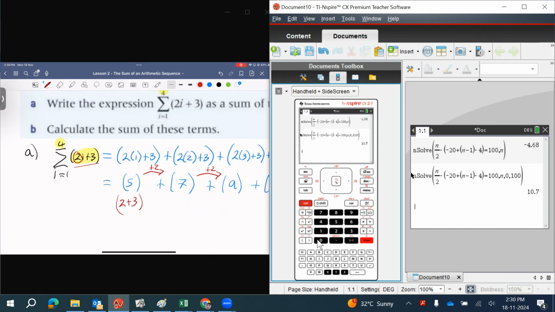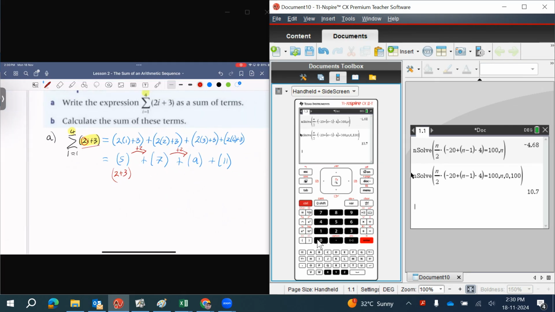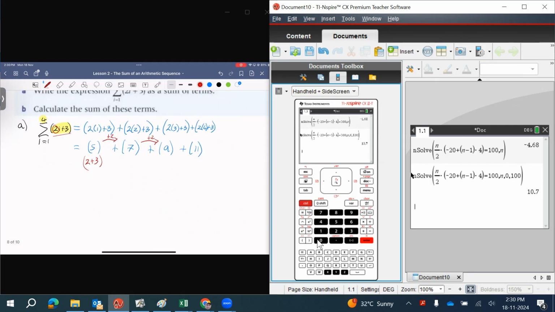Okay, so part b, calculate the sum of these terms. In order to calculate the sum, it's good to identify what your first term is and what your common difference is. So in b, if we want to find the sum from i equals 1 up to 4 of the expression 2i plus 3, we can convert it into an arithmetic sum. There are 4 terms in our sequence.